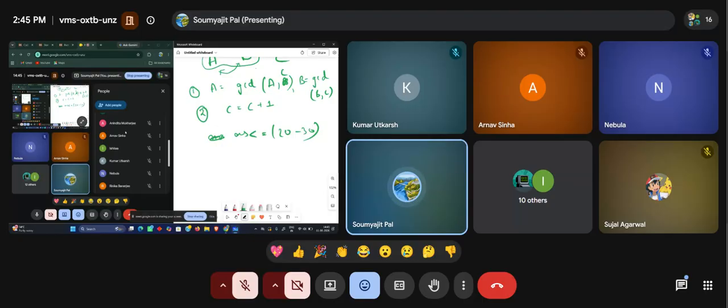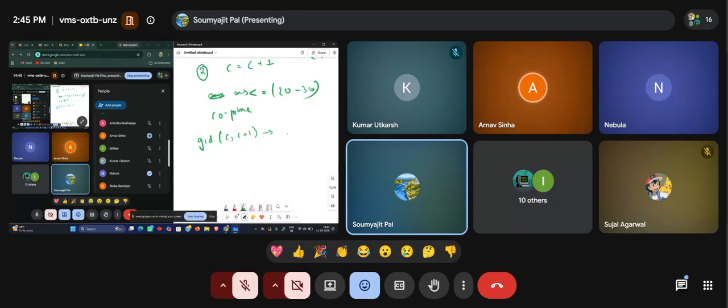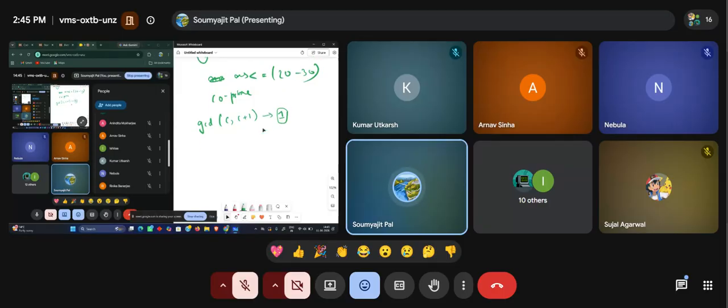one thing you're missing, that is co-prime. Before that, tell me what is the GCD of any C comma C plus one? One. They are co-prime. Okay, let us do reverse thinking.